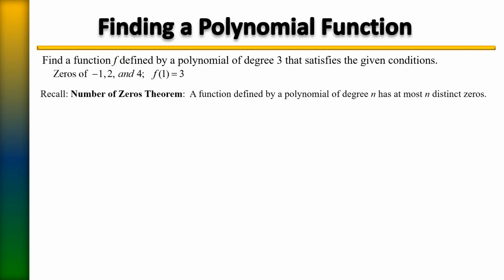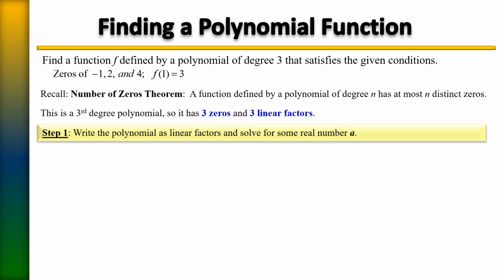Recall that the number of zeros theorem states that the highest degree of the polynomial is at most the number of distinct zeros you'll have. We were told it had a degree of 3, so that's how we knew it has 3 zeros, and here are the 3 zeros we were given. So we know it's going to have 3 zeros and 3 linear factors.